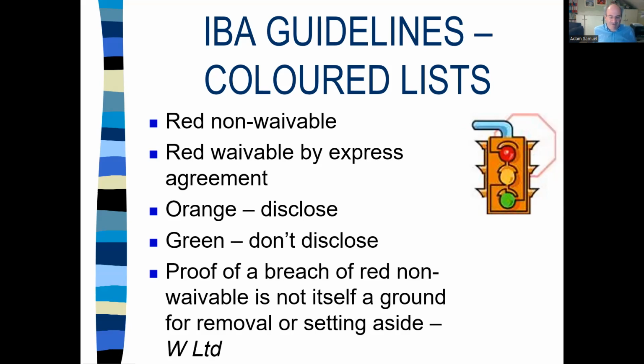Word of warning, however: just because you've got a red non-waivable doesn't mean that the award should be set aside or the arbitrator removed. In the W case, the arbitrator, a Canadian lawyer in the litigation department of a large firm, had no idea about the merger, which had the effect of making his law firm the advisor to an affiliate of one of the parties, which is a non-waivable red.